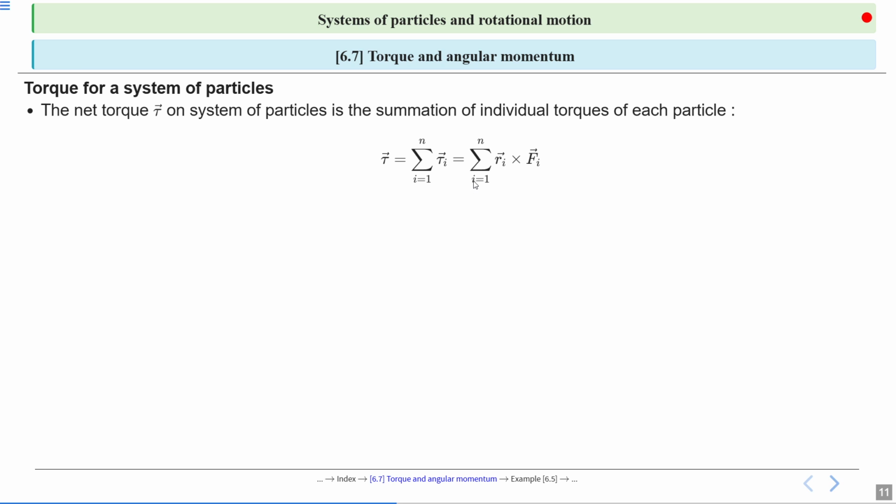We know tau equals r cross F, so it will be Ri, the position vector of the ith particle, cross Fi, the force on the ith particle. Two types of force are present, external and internal, so putting the value of Fi, it will be summation i equal to 1 to n of Ri cross (Fi external plus Fi internal).